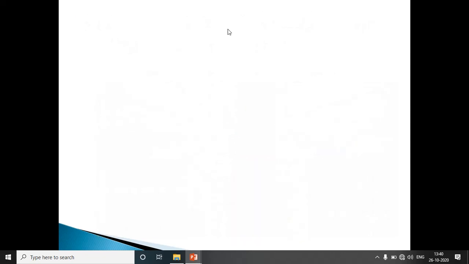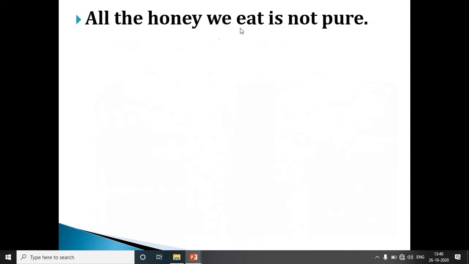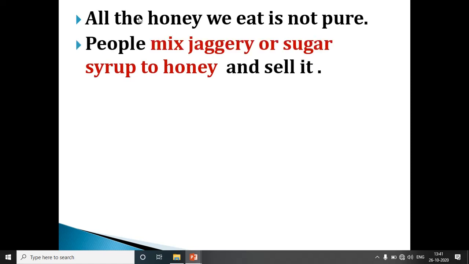Now, all the honey which we eat is not pure. We used to use honey, yes. So why is it not pure? Because people mix jaggery or sugar syrup into honey and sell it.